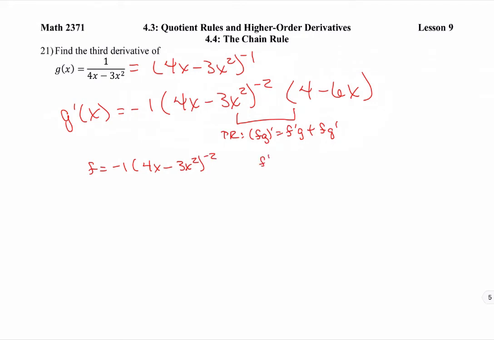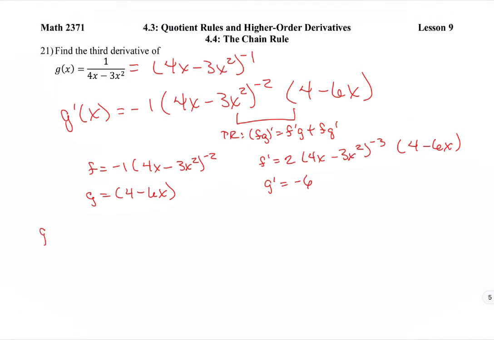So then f prime equals 2 (4x minus 3x squared) to the negative 3 times (4 minus 6x). g equals 4 minus 6x, and g prime equals minus 6.